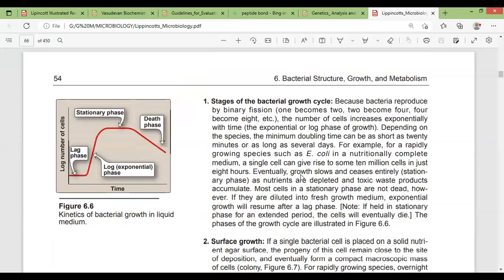This stationary phase is, you can say, the point of, I don't know, is it the word balance? I don't know the right term to use for this. The point where growth and death are equal.